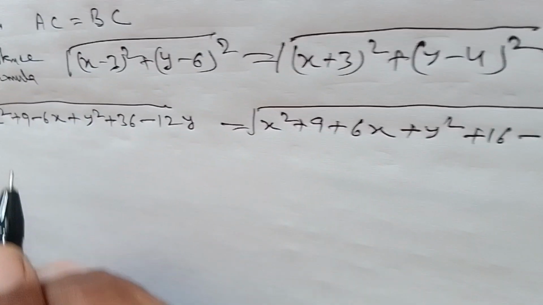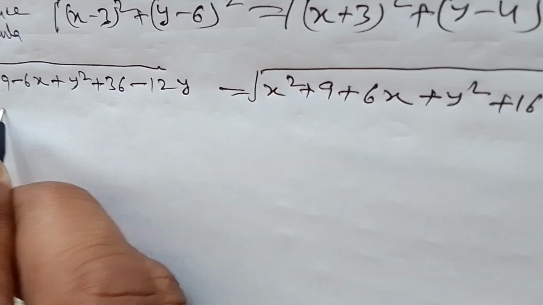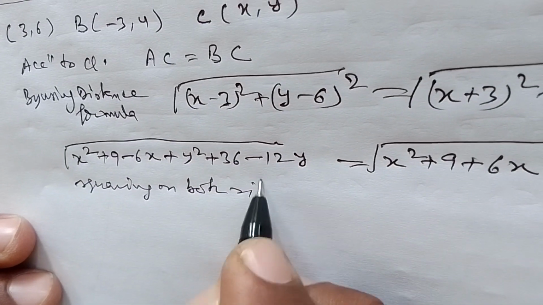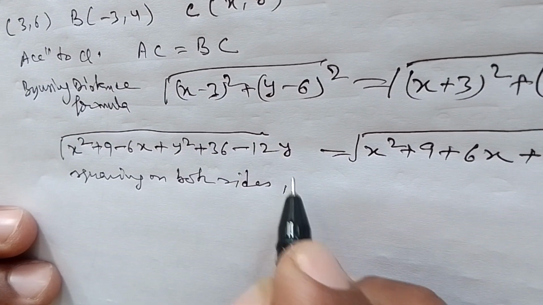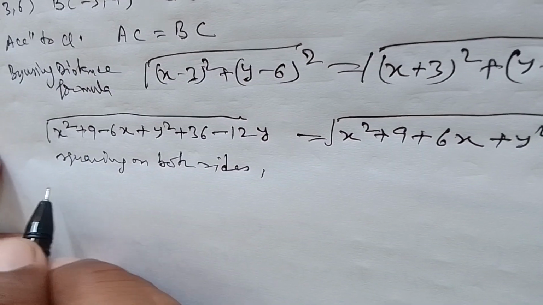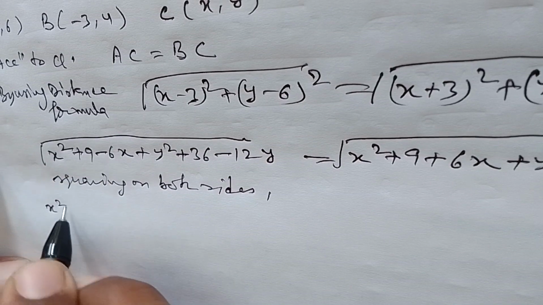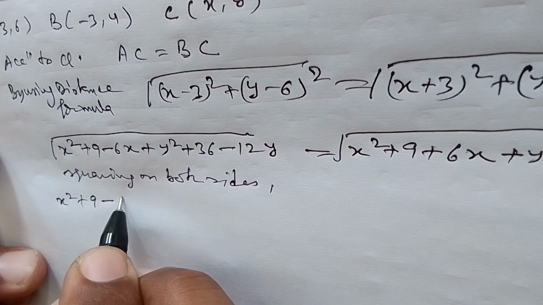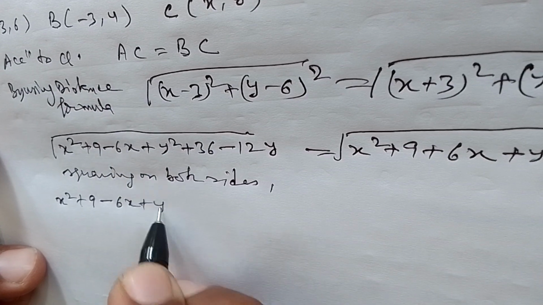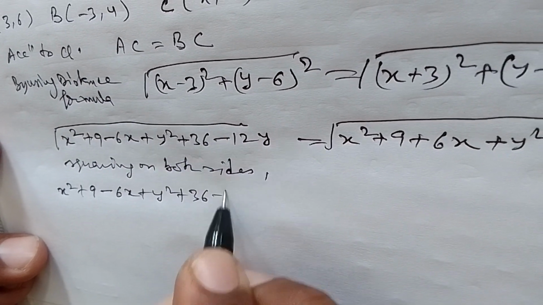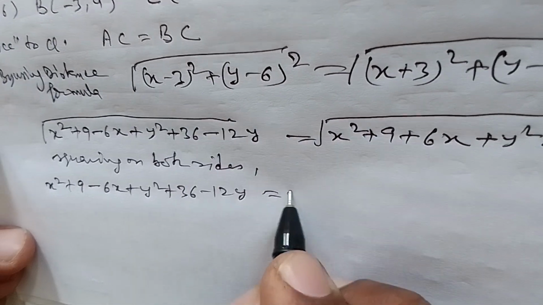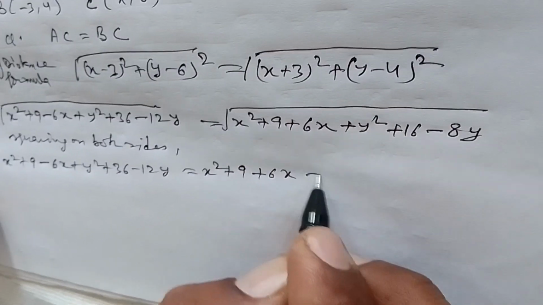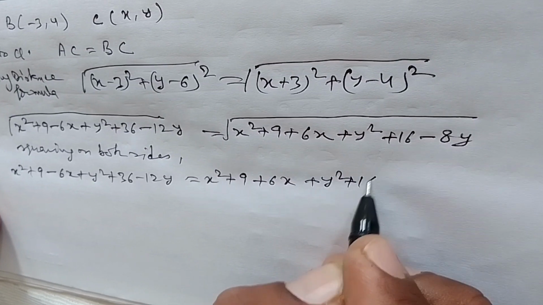Now squaring on both sides, we will cancel the under root term, so it will remain as x square plus 9 minus 6x plus y square plus 36 minus 12y is equal to x square plus 9 plus 6x plus y square plus 16 minus 8y.